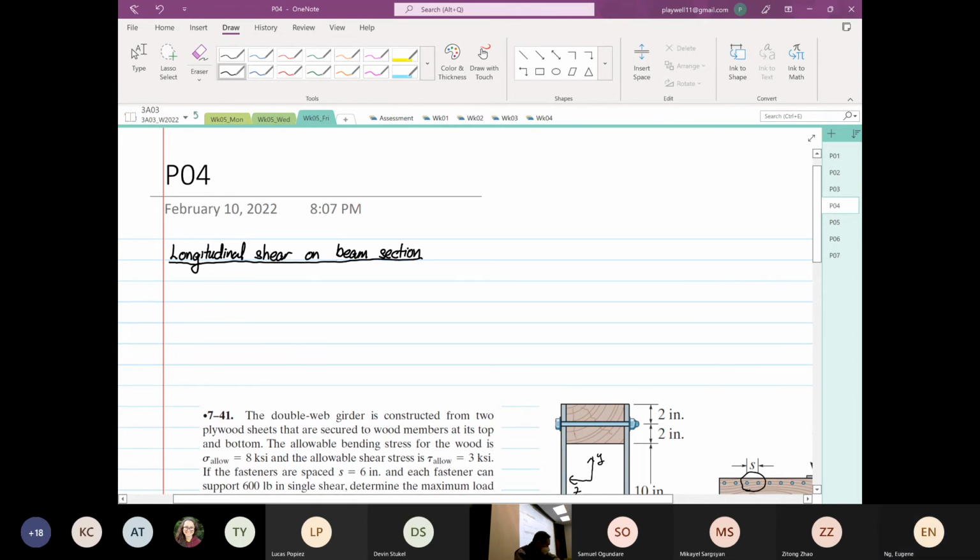So the objective of this topic is to analyze the strength of joints in shear loading conditions.